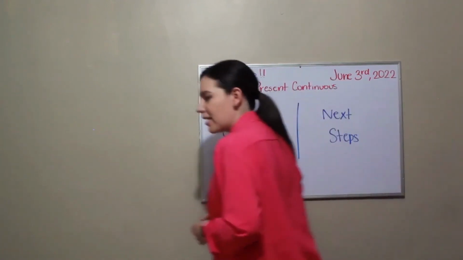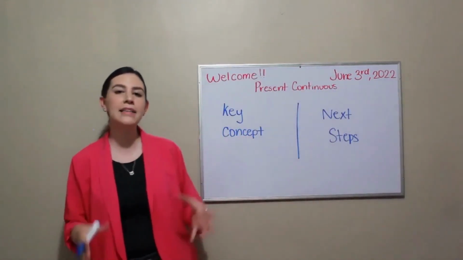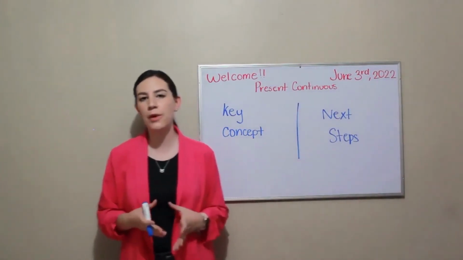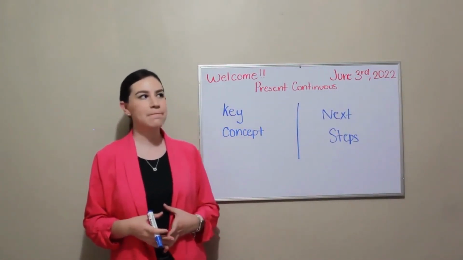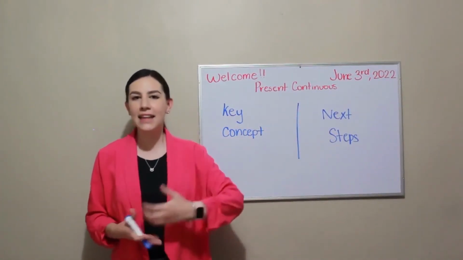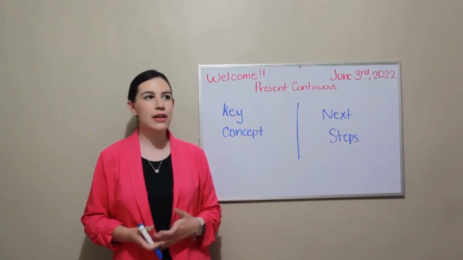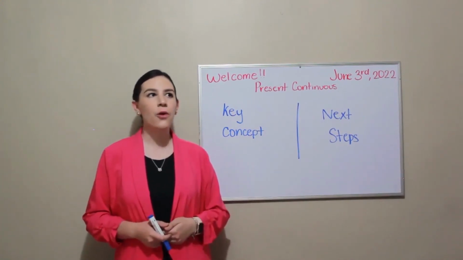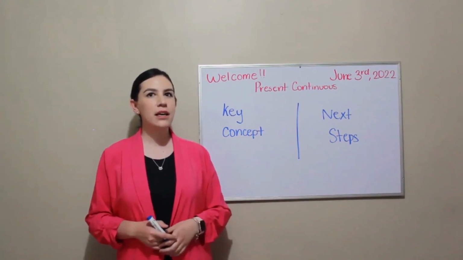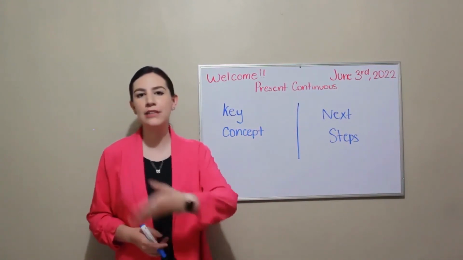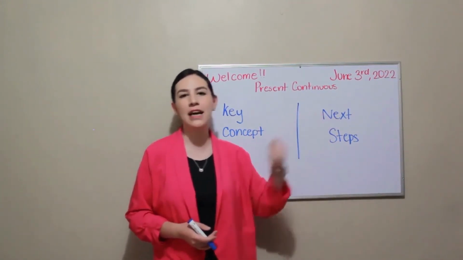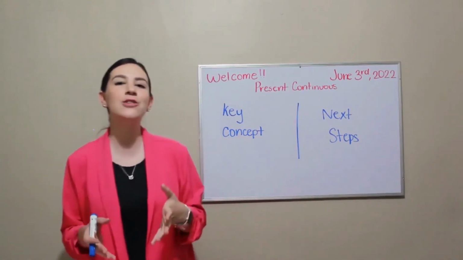For example, how are you going to be applying this knowledge or putting it into practice? It could be, let's say, in an essay that you have to write for another English class, or let's think of you're having a friend or a family visiting you from the United States and you want to talk to them.